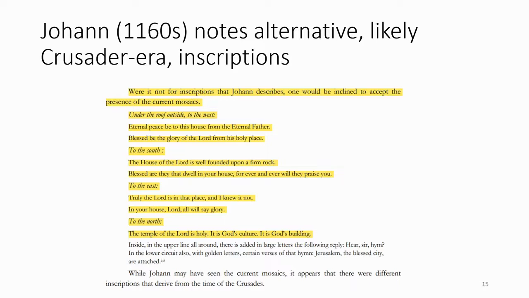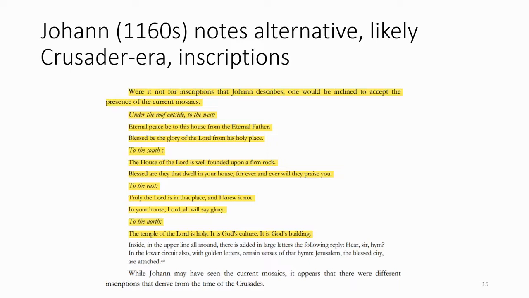Inside, in the upper line all round, there is added in large letters the following reply, Hear, Sir, hymn. In the lower circuit also, with golden letters, certain verses of that hymn, Jerusalem, the blessed city, are attached. Now, I can't confirm or deny whether the tomb of Jesus at that time was being stored under the Dome of the Rock, but it is clearly a Christian inscription at that time.